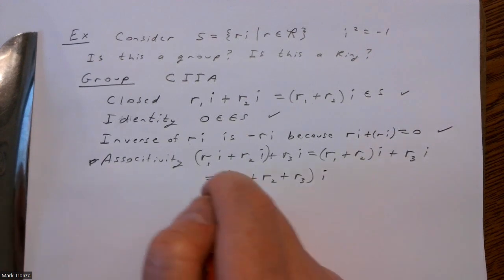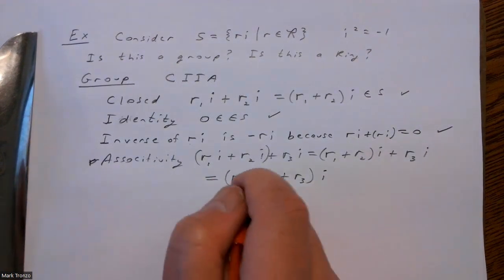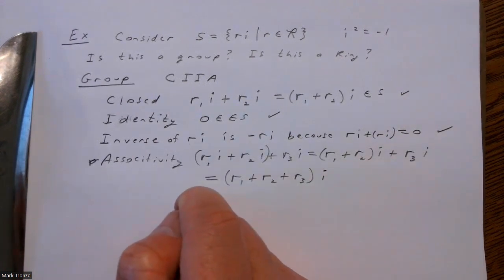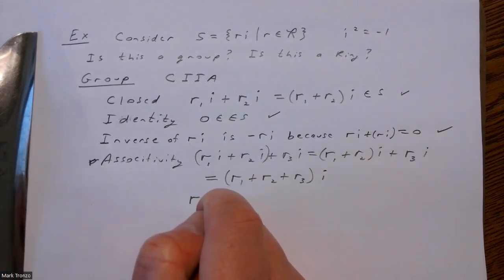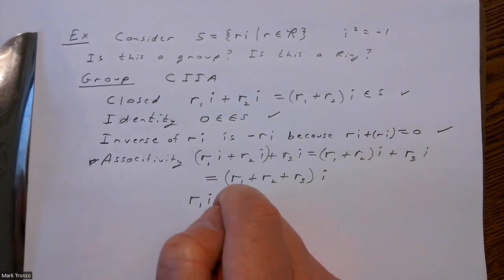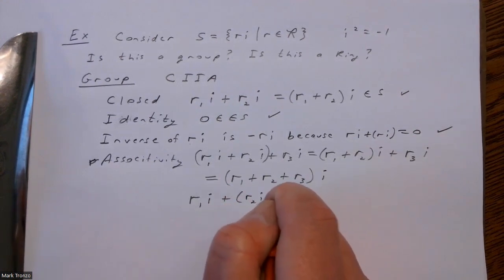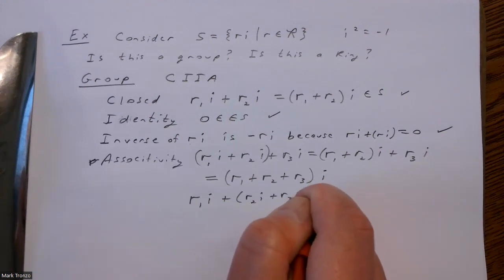And the question is, is that the same as if we added these two first and put that on? r1 i plus r2 i, r3 i.